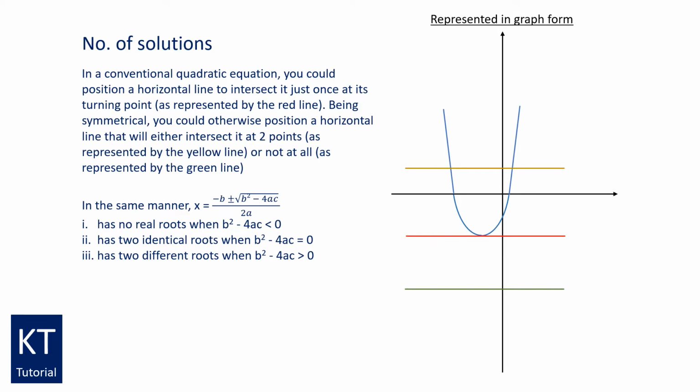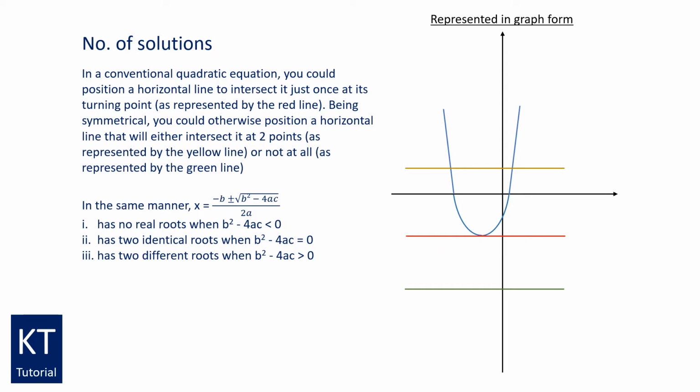From the perspective of the quadratic formula, it has no real roots when b squared minus 4ac is less than 0. This represents the situation when we have a green linear line that does not cut anywhere on the blue graph. And the quadratic formula will have two identical roots when b squared minus 4ac is exactly equal to 0.